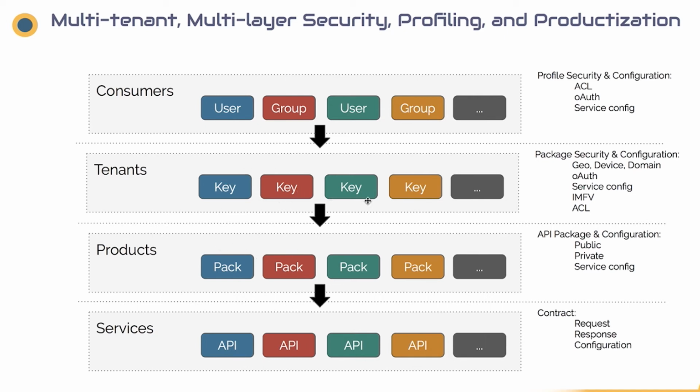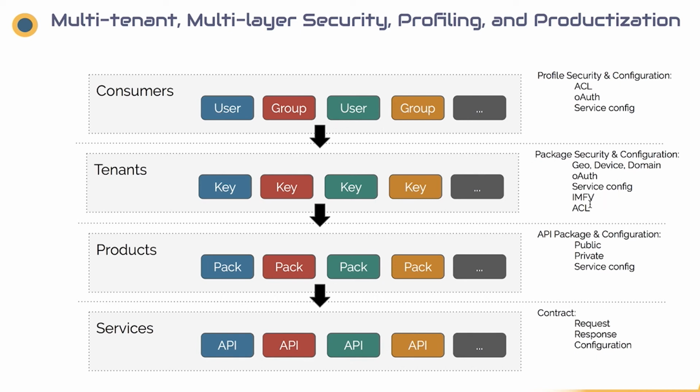The tenant layer consists of those that can access these APIs based on which package or product they have access to. For each package, you specify a key, and for that key, you can add multi-layer API security, device security, domain security, OAuth, and so on. You have full access control capabilities.